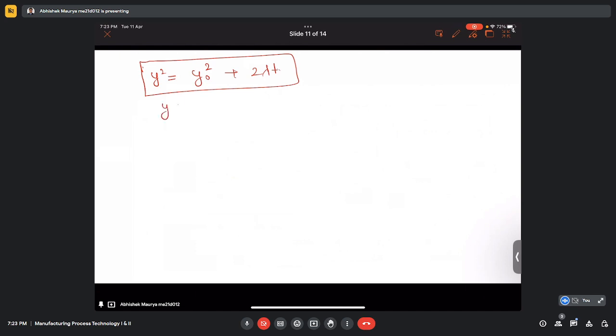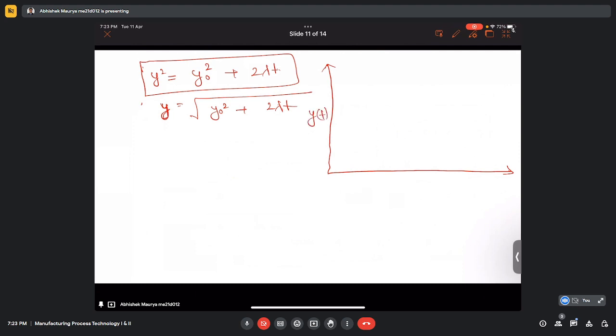And now if we take a square root on both sides, then we will get this. So this is a function of time. Other things are constant. So this is the gap which we will get between the workpiece and tool at some time t. And if we plot it, it will look something like this.